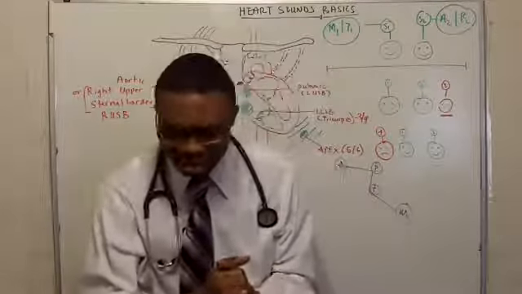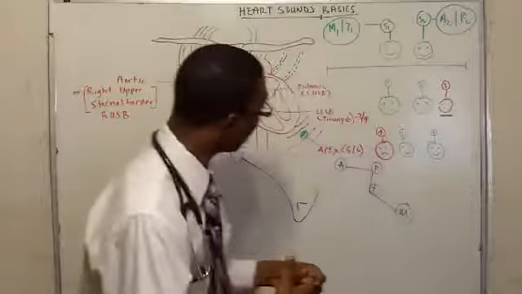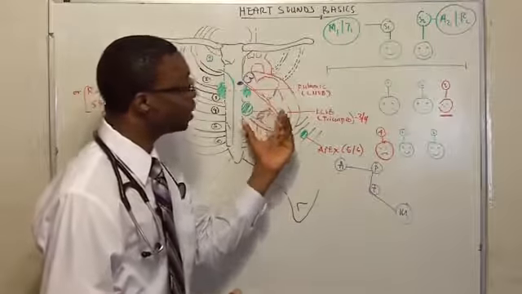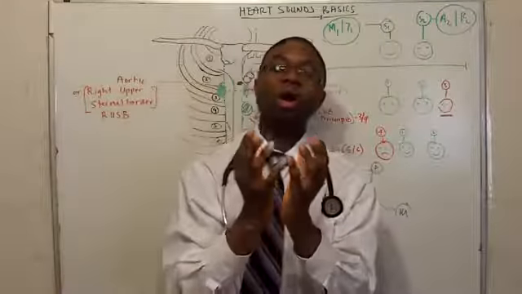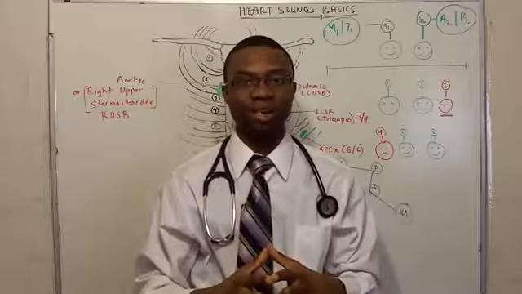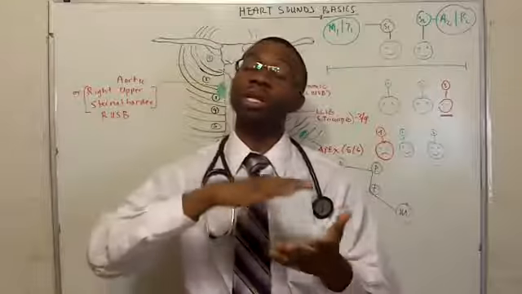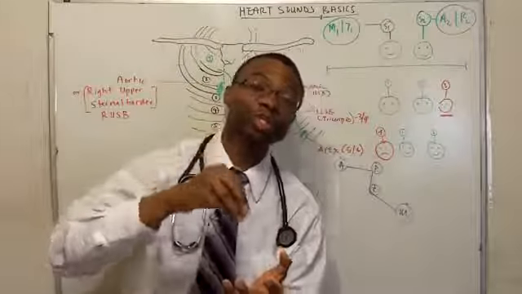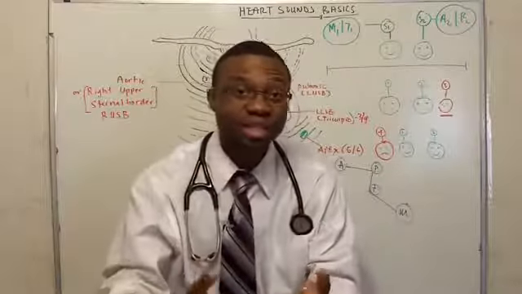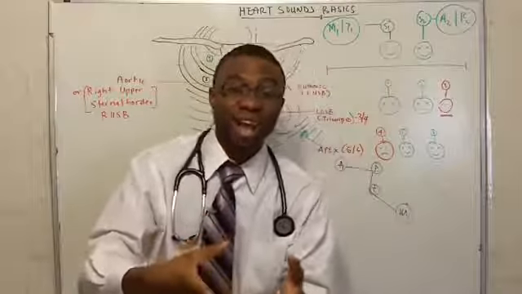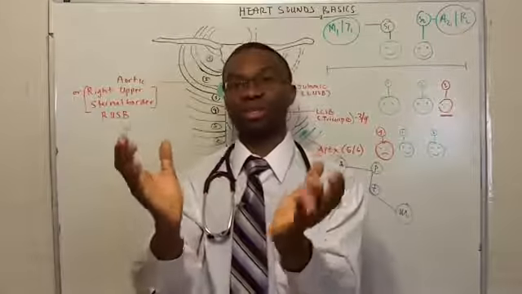So what really causes S3? Usually it's due to when you have a heart that's dilated or a non-contractile ventricle that's just big and full with a lot of blood, and the atrium is contracting and spilling a little extra blood down into an already non-contractile ventricle.